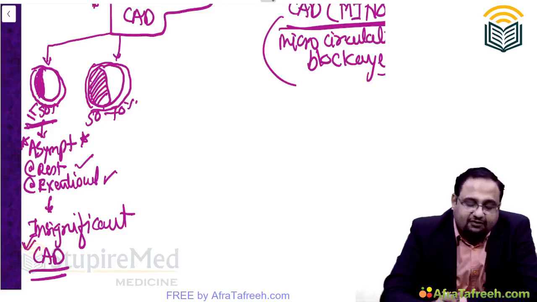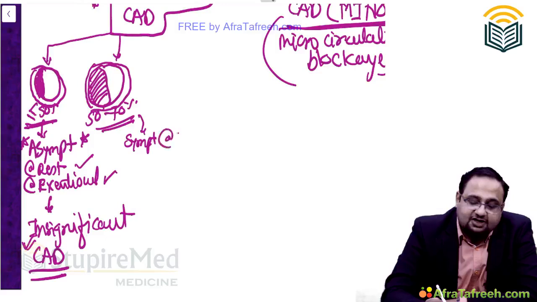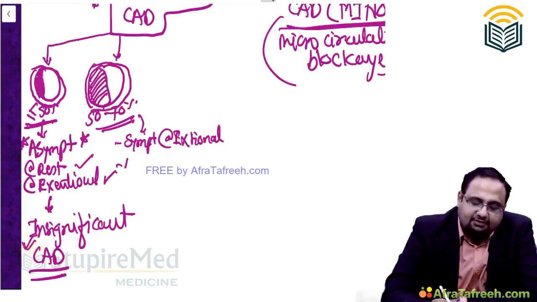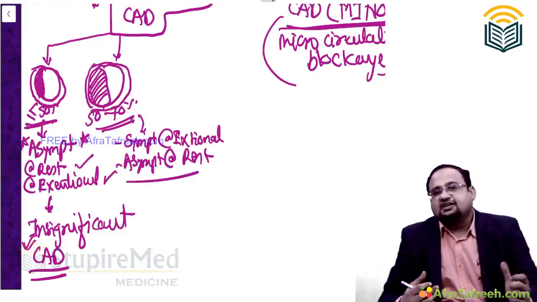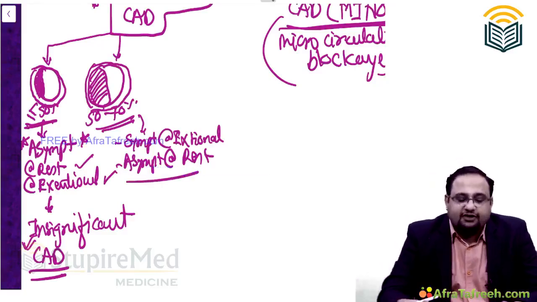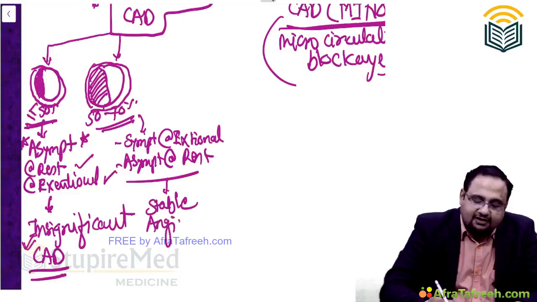If the blockage is between 50% to 70%, the patient is symptomatic at exertion but asymptomatic at rest. So when the patient runs fast or exerts, if symptoms happen, such a condition is known as stable angina, also known as stable ischemic heart disease.